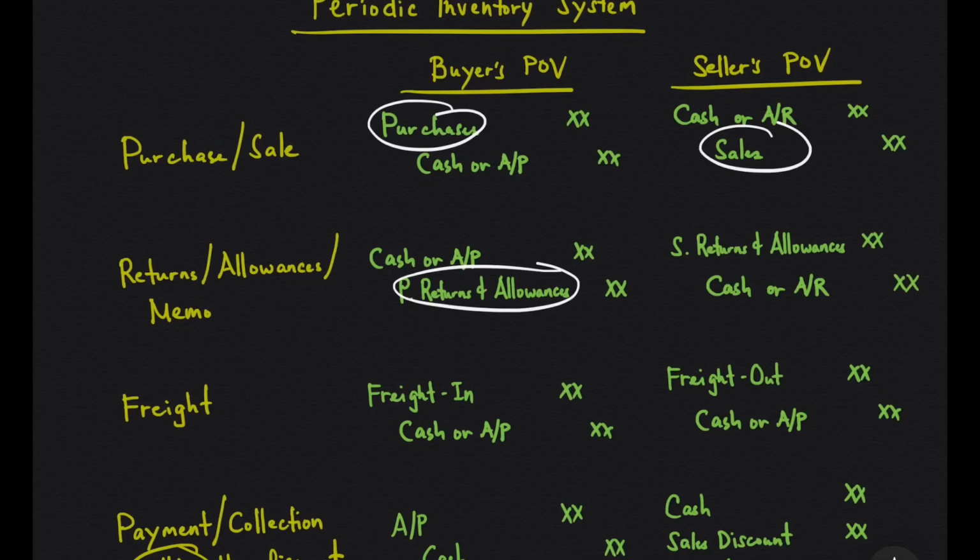And for the seller, you will use sales returns and allowances. Both are nominal accounts, but the normal balance of purchase returns and allowances is credit, while the normal balance of sales returns and allowances is debit. So that's for the returns, allowances, and issuance of debit or credit memos.